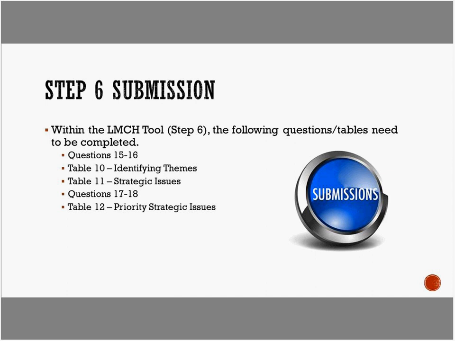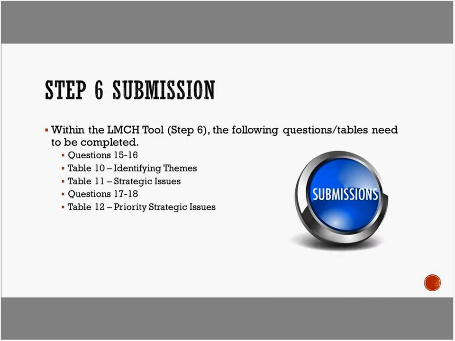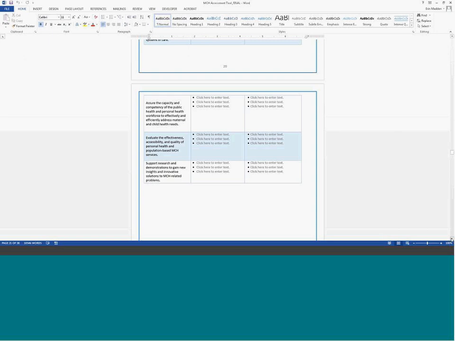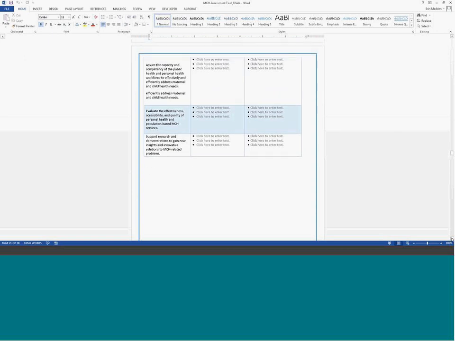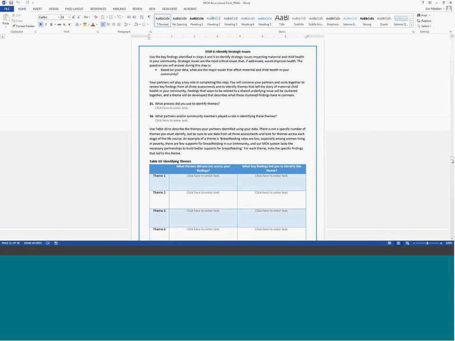Step 6. Back over to the tool about submitting step 6. You'll describe the process that you use to identify themes.